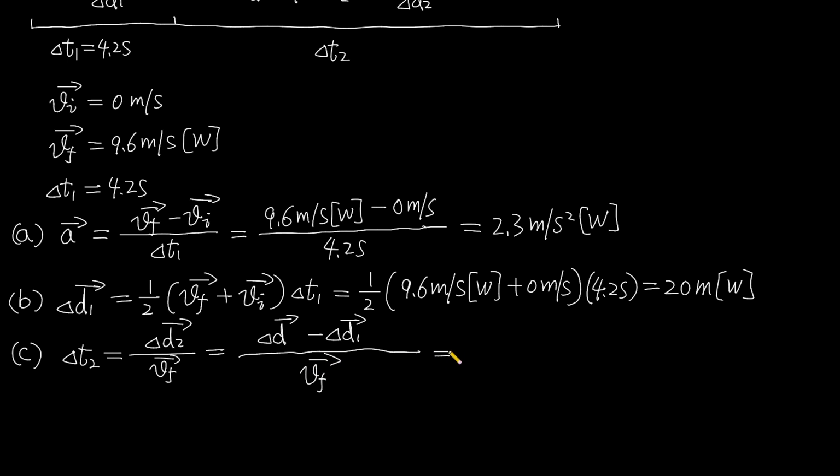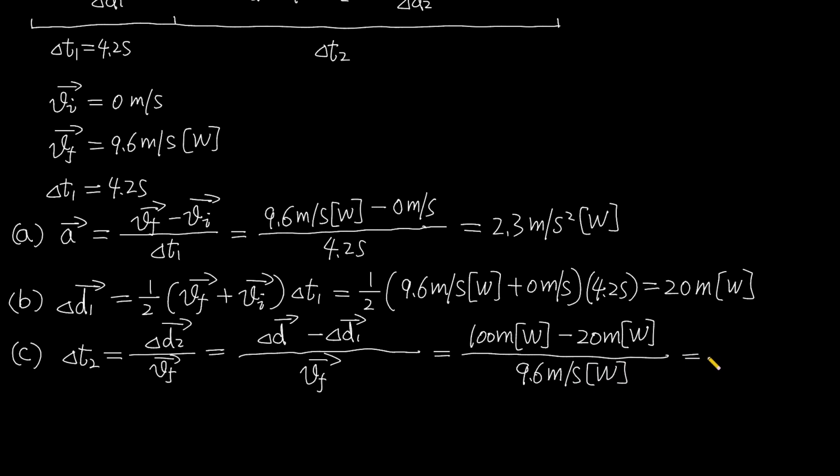Now this equals total displacement 100 meters west, minus displacement 1, 20 meters west, divided by the final velocity 9.6 meters per second west.